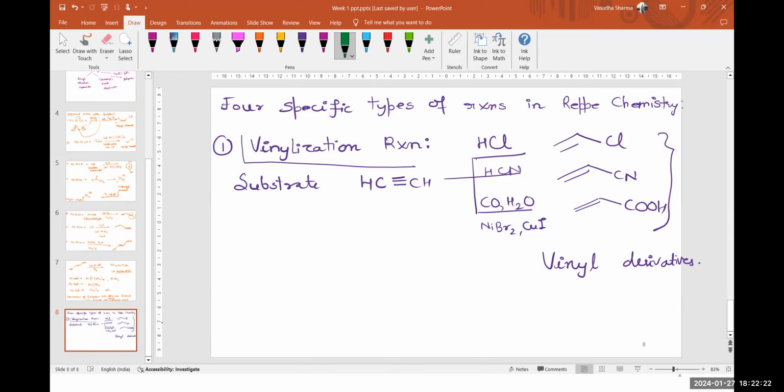Now coming to the catalytic ethynylation of aldehydes. Here also we use the same thing.